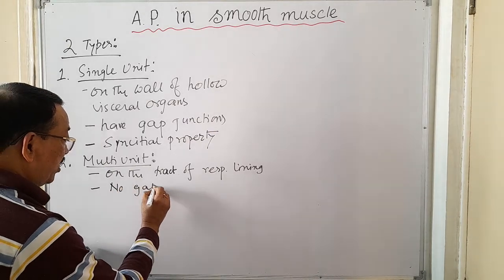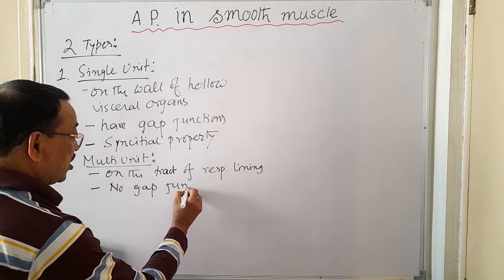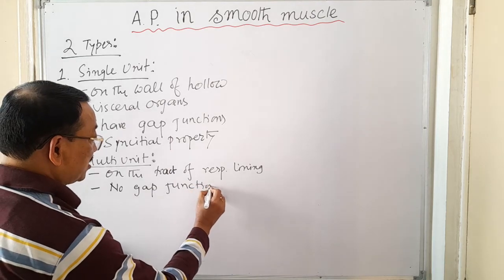These multi-unit smooth muscles are not having any gap junctions.